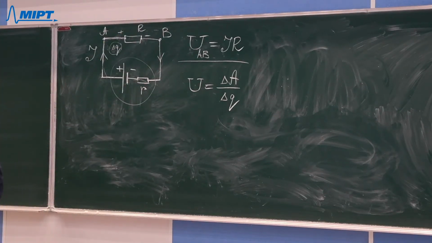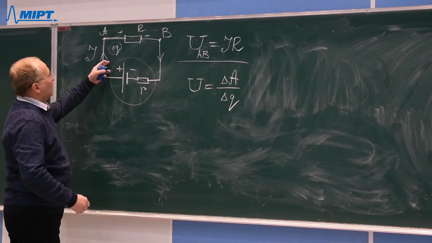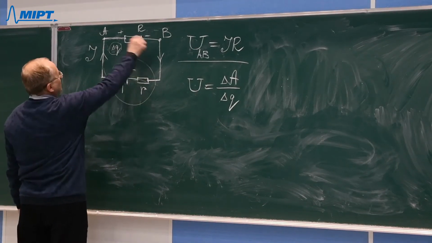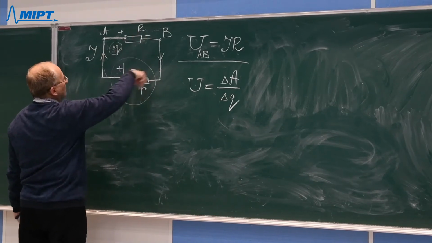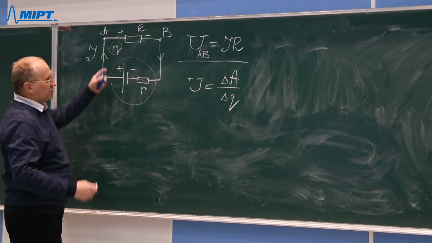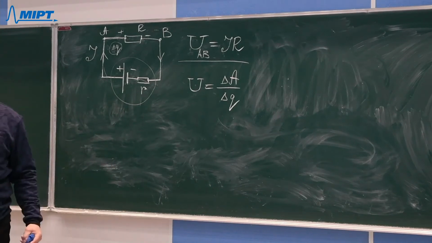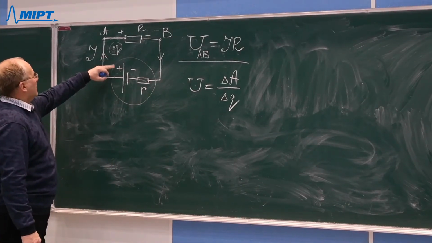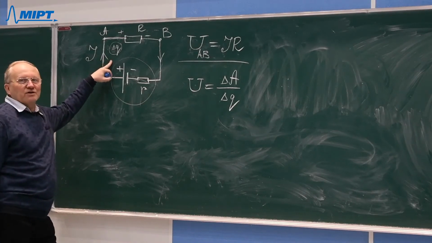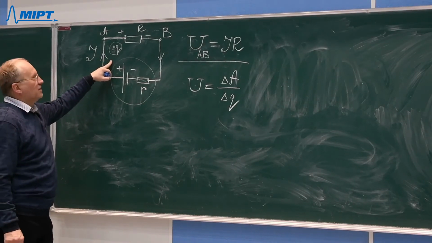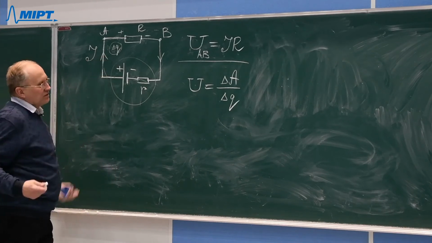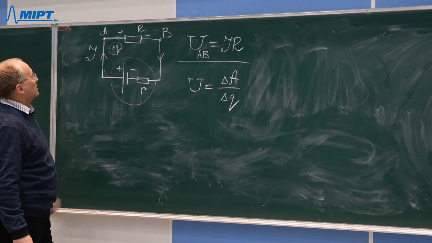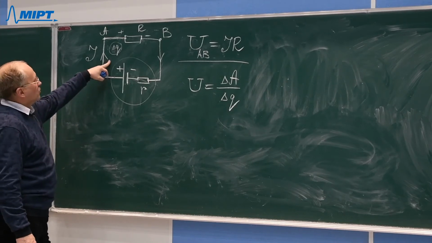Well, if there were some positive work, then the electric current moving in this closed circuit would produce some positive work, and that would be a perpetuum mobile. That would be a violation of the law of conservation of energy. If we obtain work from nothing, that would be a violation of the law of conservation of energy.